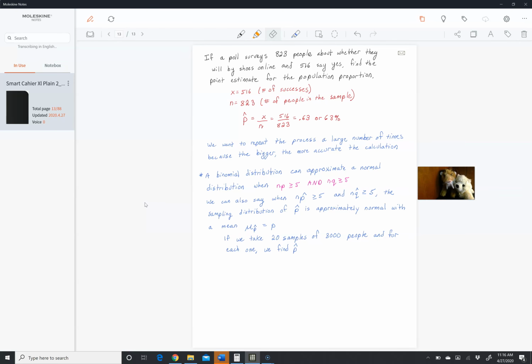The mean of all the different p hats would be the population proportion.